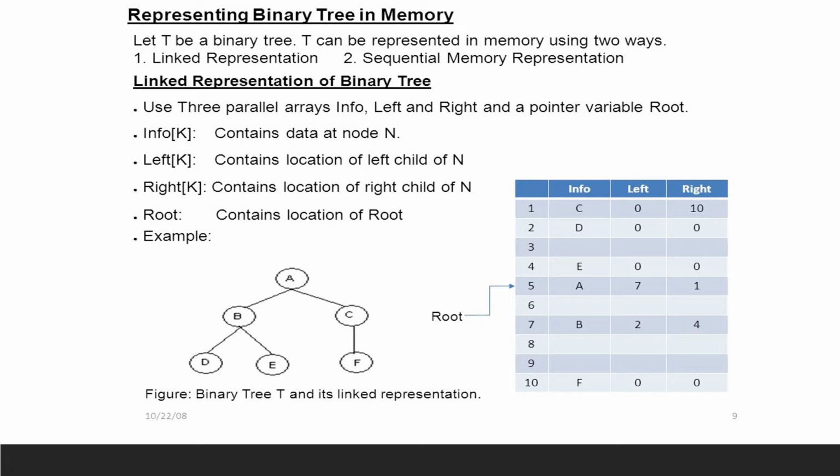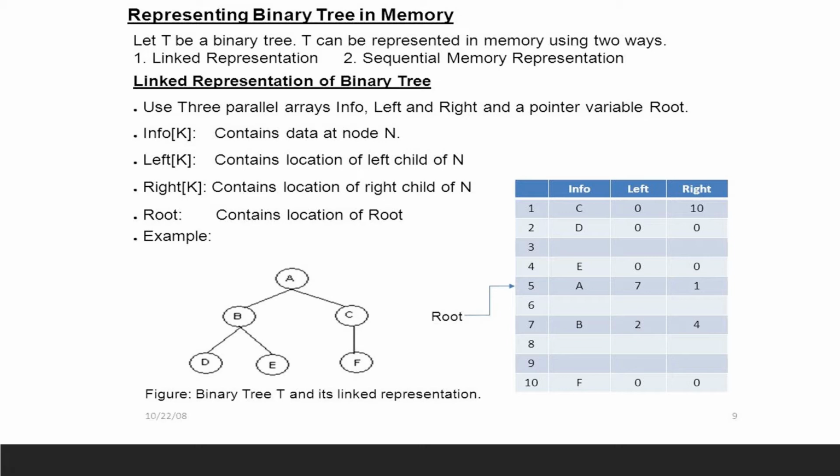And next moving to A. So A holds 7 on the left side. So again we are moving to the 7th address, and we are finding that B is the left child of that A. Is it correct? Yes. And then we are moving to the right child, and here it is 1.